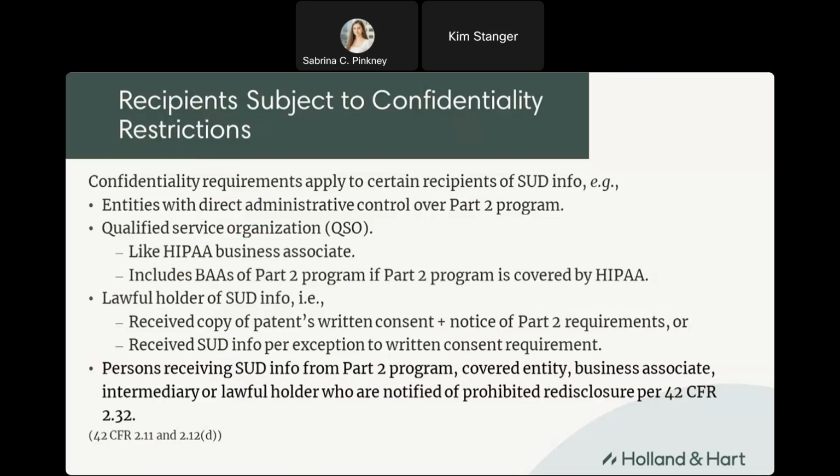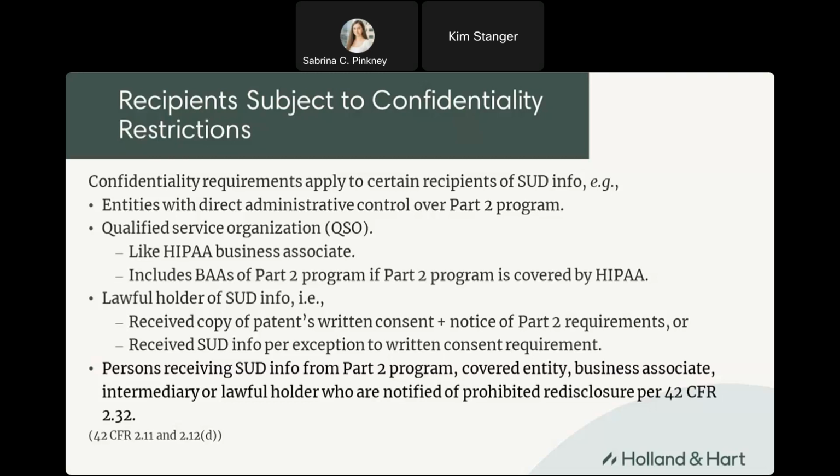It's basically a business associate of the Part 2 program. And like a business associate under HIPAA, the qualified service organizations have to sign an agreement with the Part 2 program called a Qualified Service Organization Agreement. That's basically a business associate agreement whereby they agree to comply with Part 2.